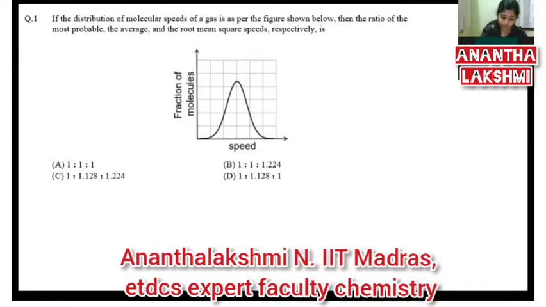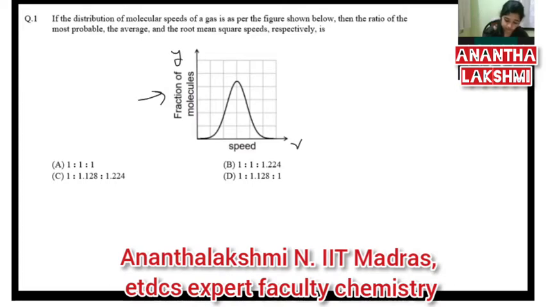Okay, so first of all, let's find out what is the most probable speed. As the name suggests, most probable speed means the speed acquired by the most number of molecules, or the greater fraction of molecules. So we can see in this figure, the y-axis is the fraction of molecules and the x-axis is speed, right?